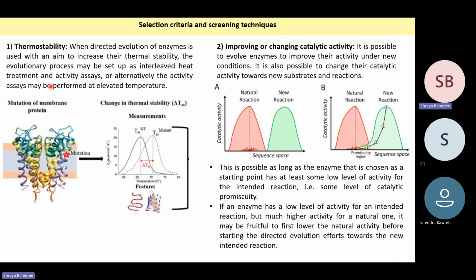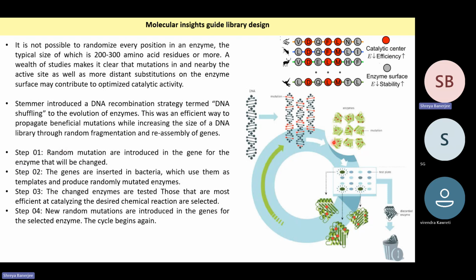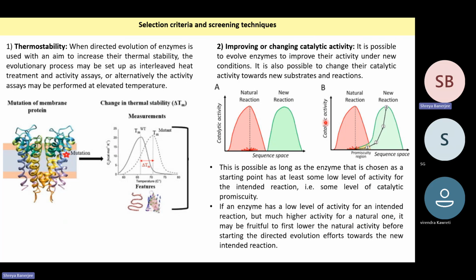Now, what are we mutating these enzymes for? They are mutated for several different properties, one of which is thermal stability. So directed evolution of enzymes can be used with the aim to increase thermal stability.